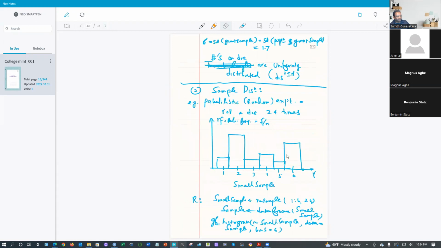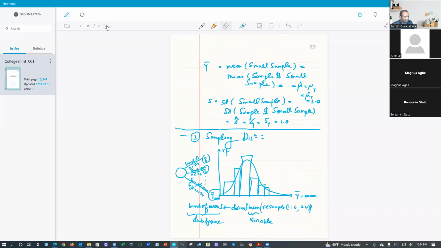Can I draw a smooth curve on top of it? Yes, you can. That's a different story. It's going to look like this, and that's what the central limit theorem is telling us at the end of the day.